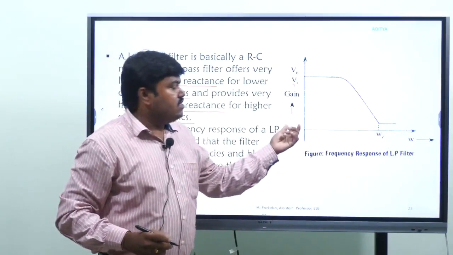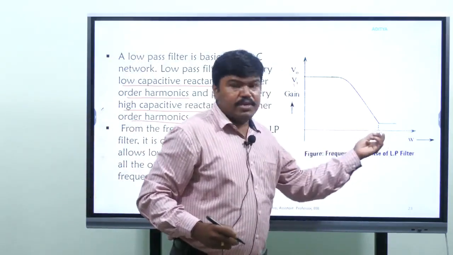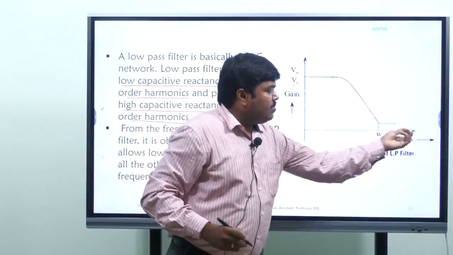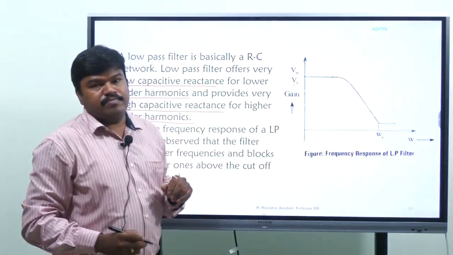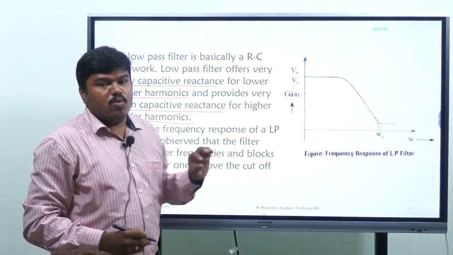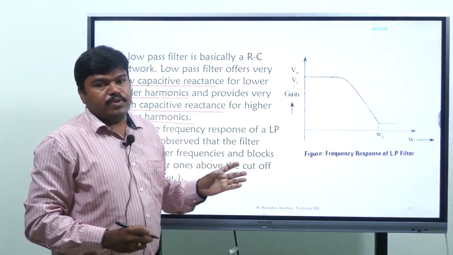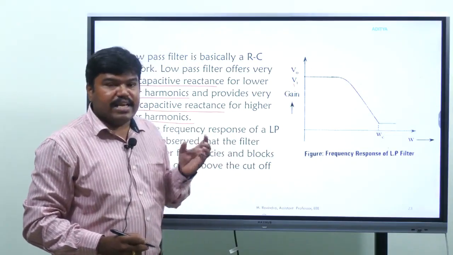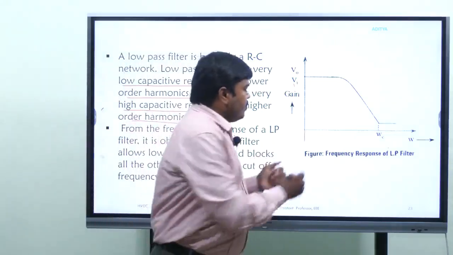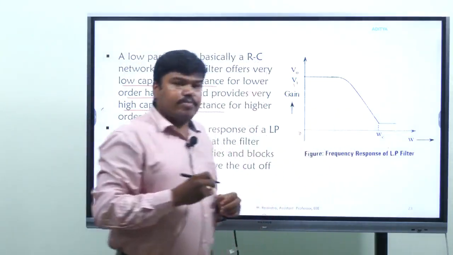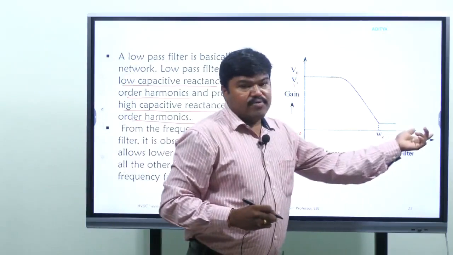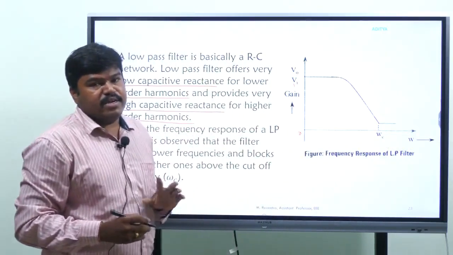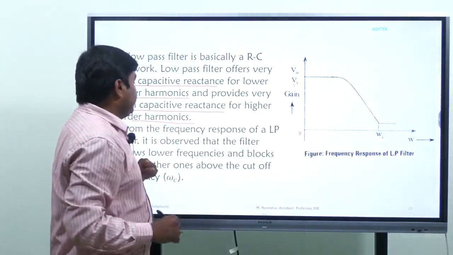The frequencies in between 0 and WC it allows to pass through. After WC it does not allow to pass through. The low pass filter allows only low frequencies, that is the harmonic content from 0 to WC. After the cutoff frequency, it does not allow, right?